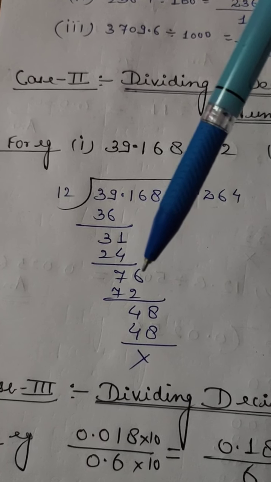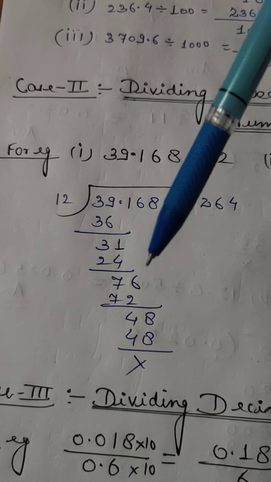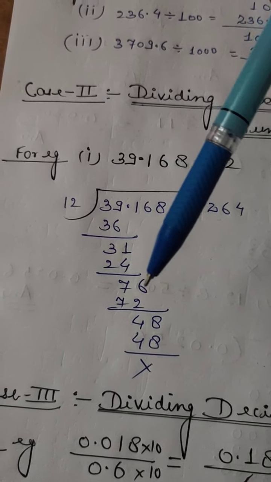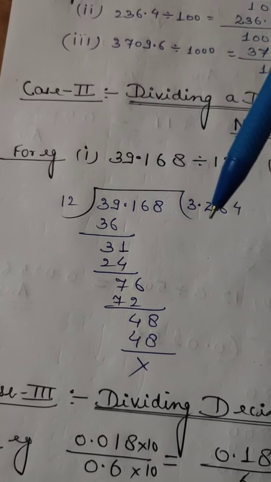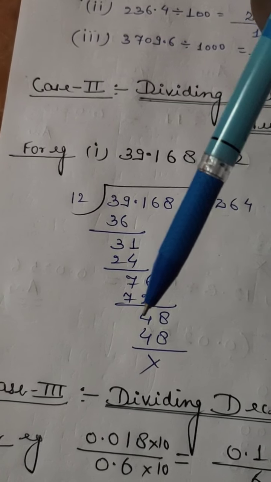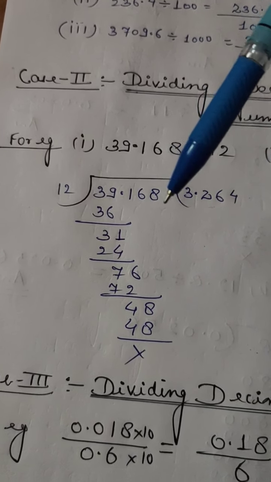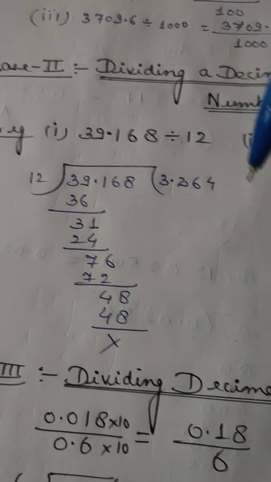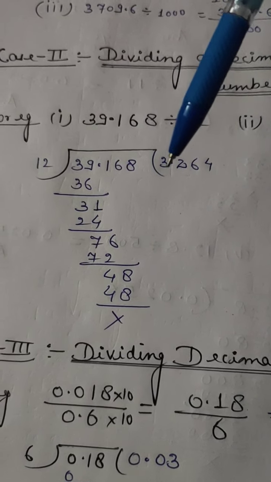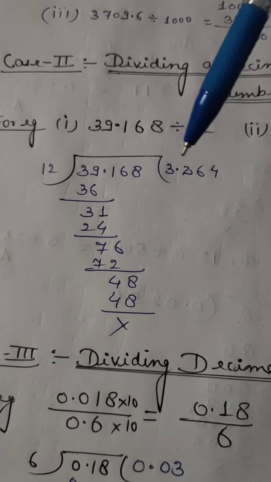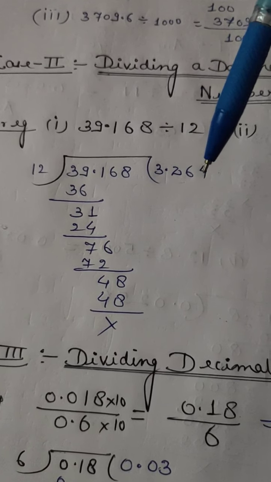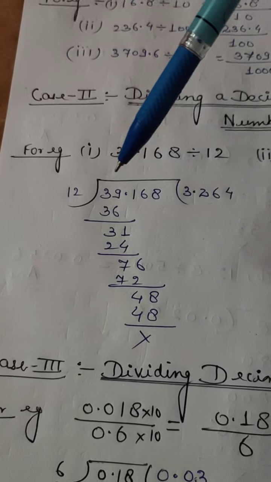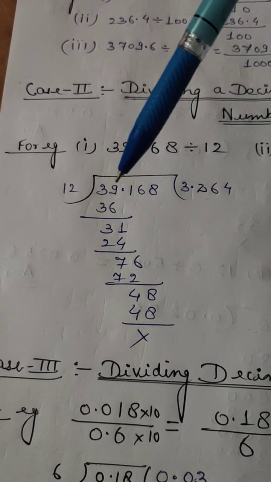Then the next number is taken out as a carry. 76 comes. Then 12 6s are 72. What do we get? 4. Then 8 is taken out. 12 4s are 48. So the answer when we are dividing a decimal by a whole number is 3.264.